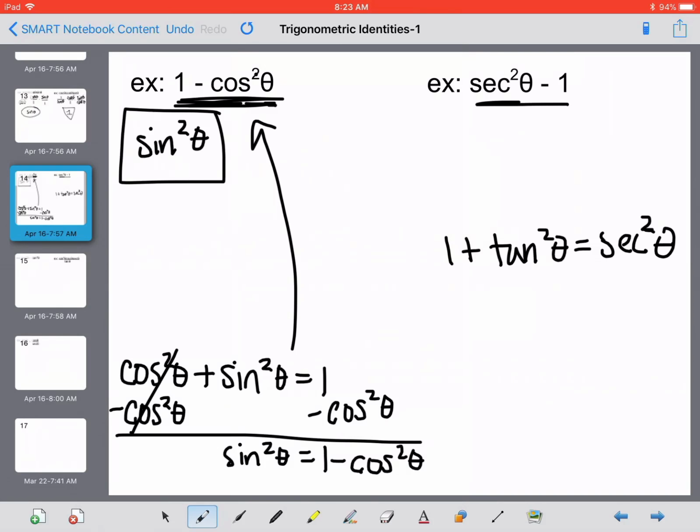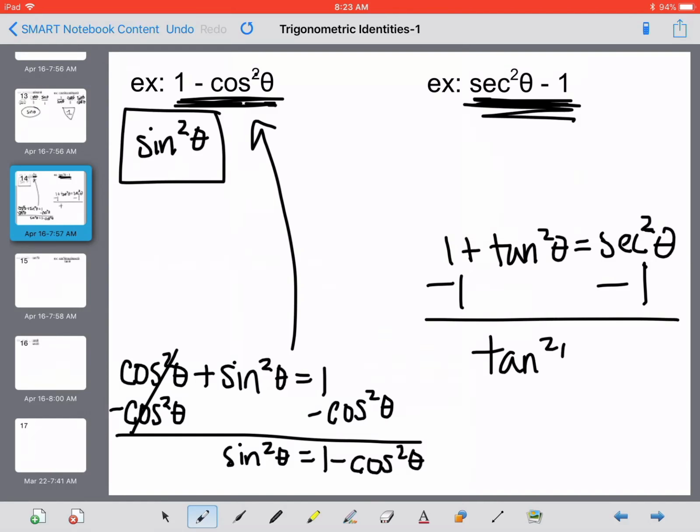Okay, and remember, I'm trying to make it look like this, the secant squared minus 1. So I got secant squared over here. Well, if I subtract 1, then I'd be left with tan squared theta equals secant squared theta minus 1. So there's my answer right here, tan squared theta. Okay.